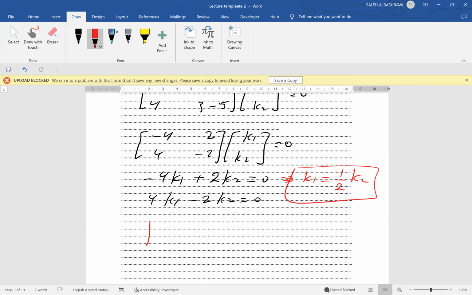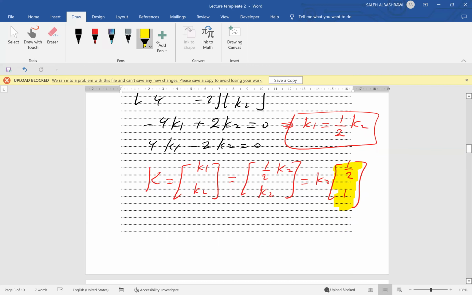Which means that K, which is equal to K1, K2, is equal to 1/2 K2 and K2. We can take K2 as a common factor outside. We have 1/2 and 1. Now this 1/2 and 1 is my eigenvector.